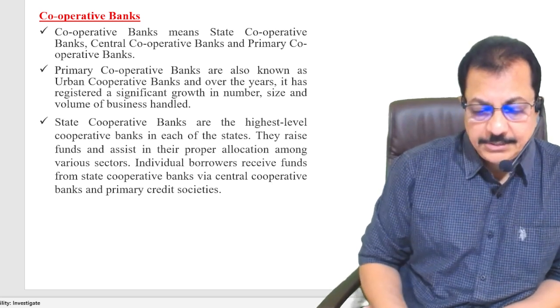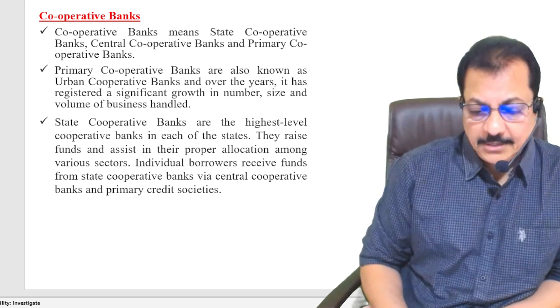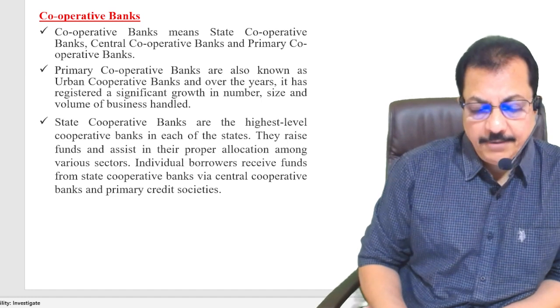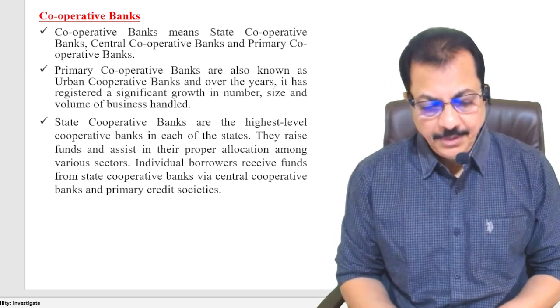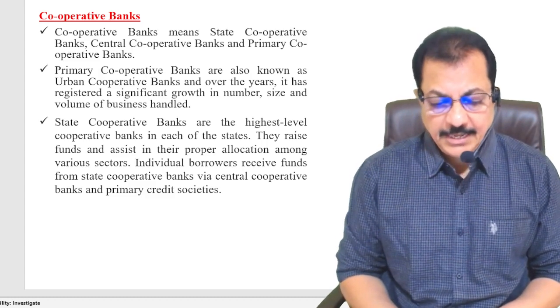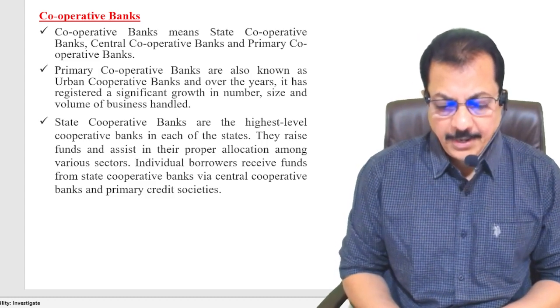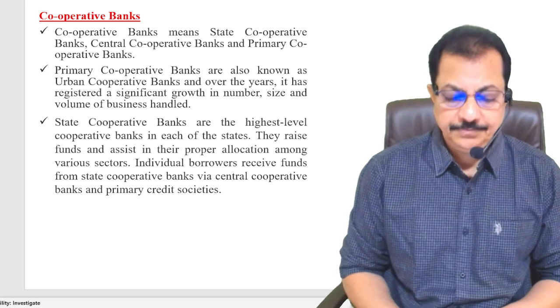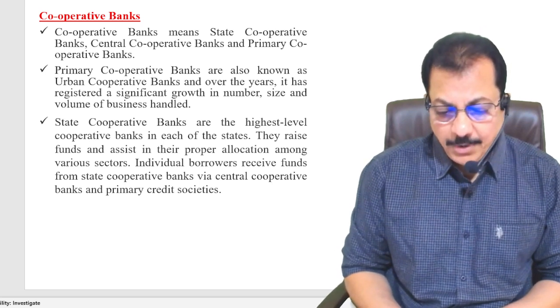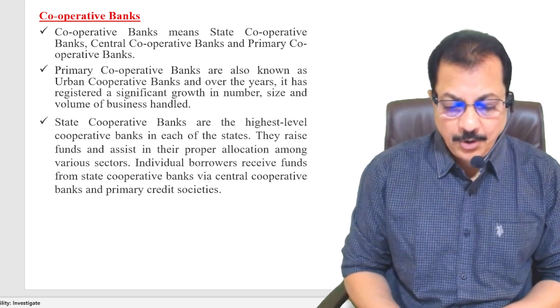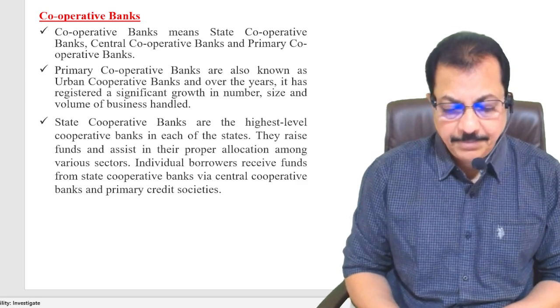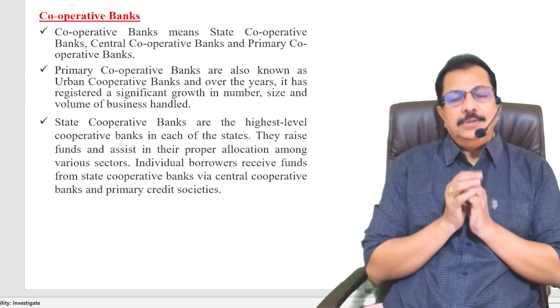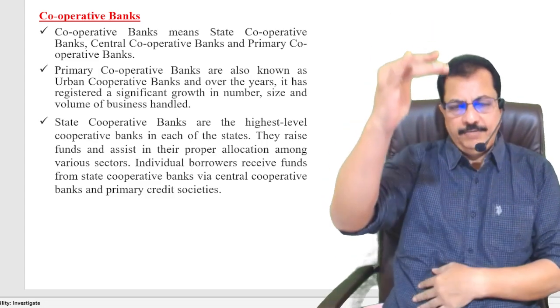Similarly, state cooperative banks are the highest level of the cooperative banks and they are present in each state. They raise the funds and assist in their proper allocation among the various sectors. Individual borrowers receive funds from the state cooperative banks via the central cooperative banks and primary credit societies. This is how the hierarchy will function.